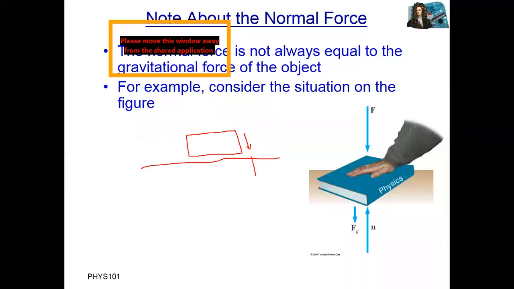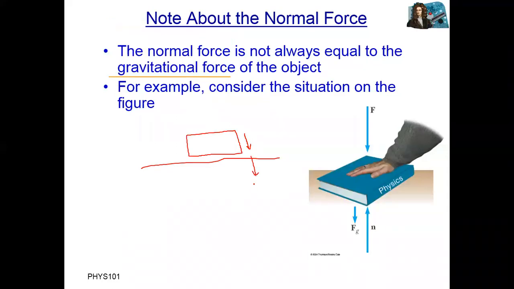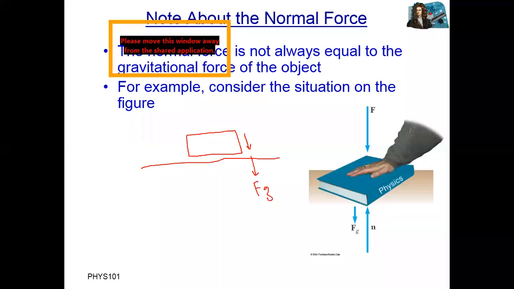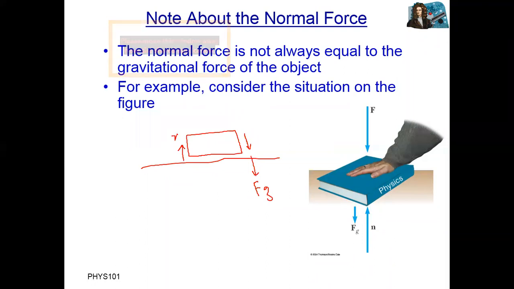This is called the gravitational force, or the weight of the book. Similarly, there is a reaction: the table also applies a force on the book. That force is called the normal force. These two forces are equal, not all the time, but in this case they are equal.